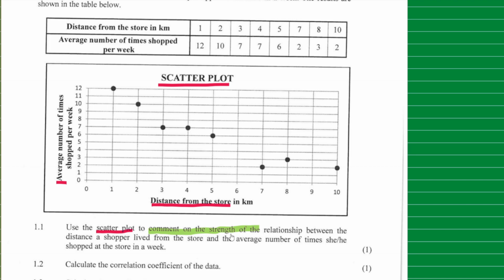We can also say that there is a strong negative relationship, meaning that the further away the shop is, the fewer the number of times shopped. So you can see there is more like a downward trend.